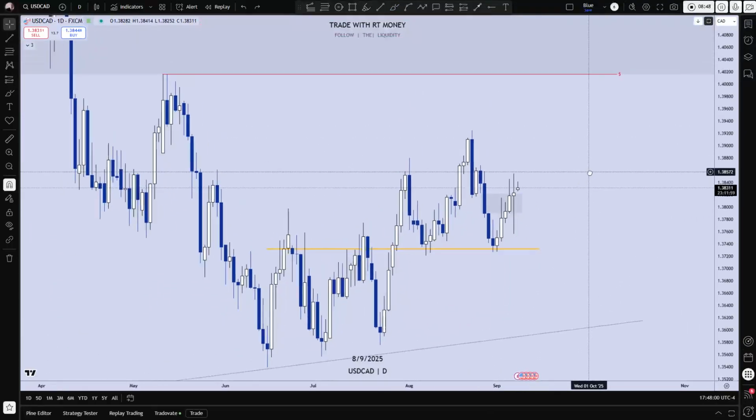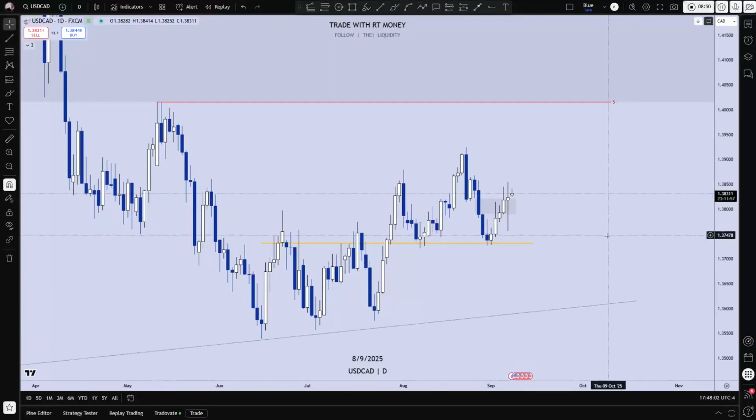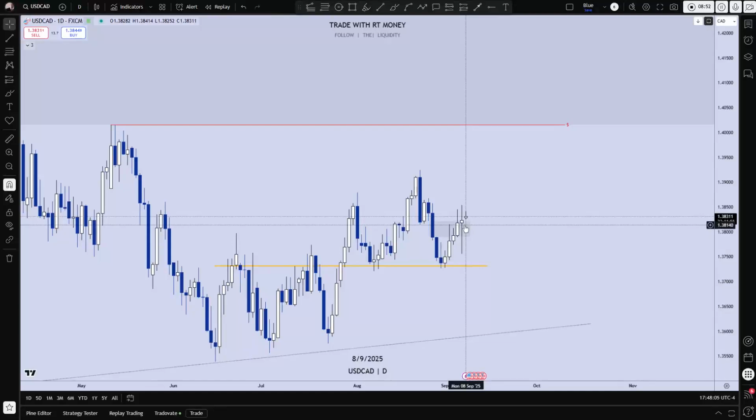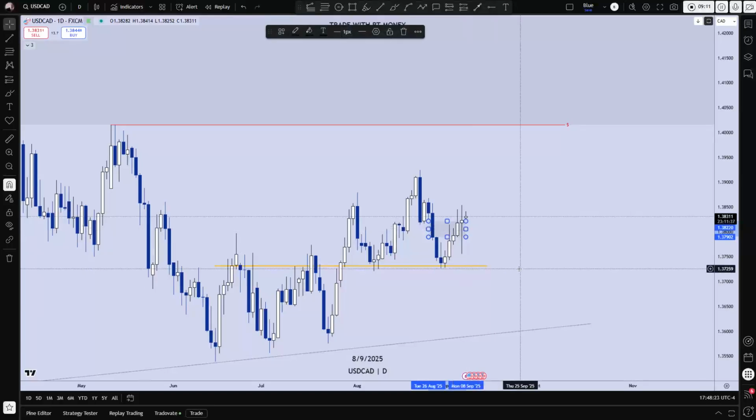So, I mean, we've got to see how the market opens, how it develops, and I'll be very patient with this, because this bearish fair value gap has not actually failed yet.